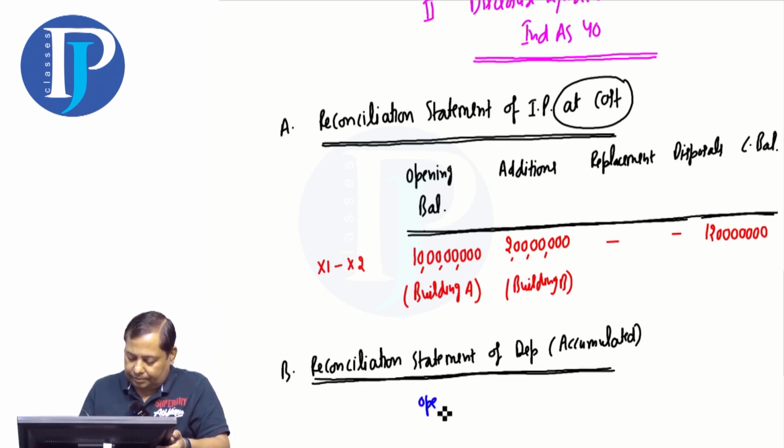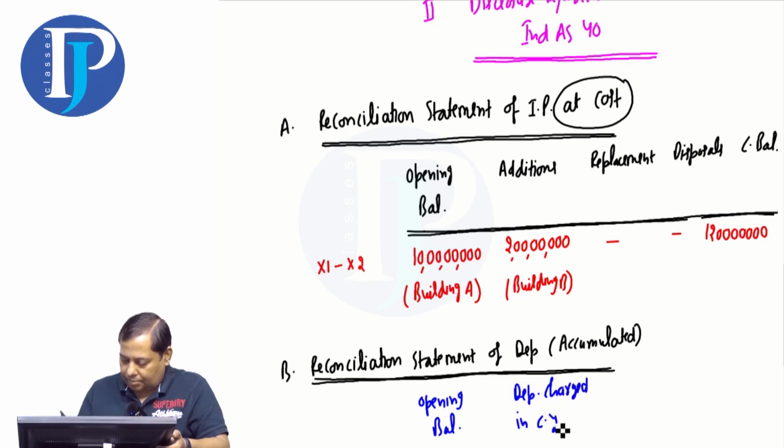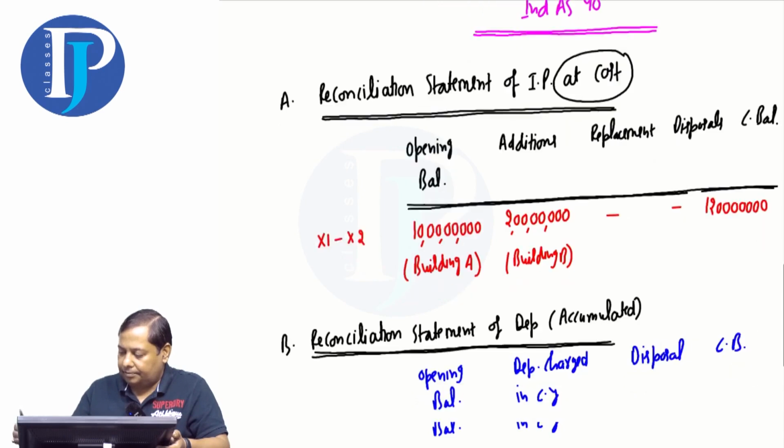Opening balance. Depreciation charged in the current year. How much we charged in the current year? Disposals. Closing balance.